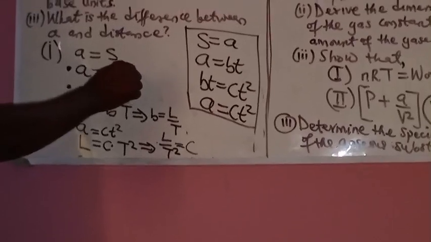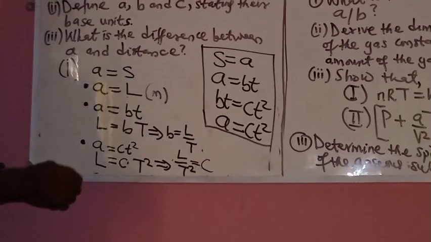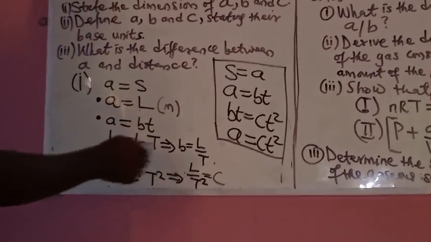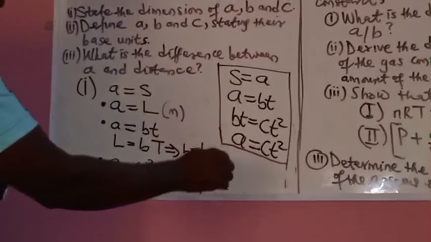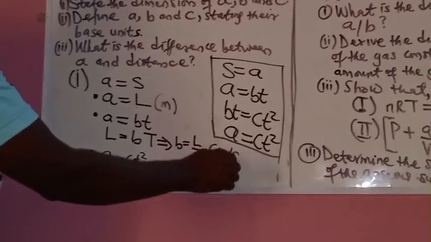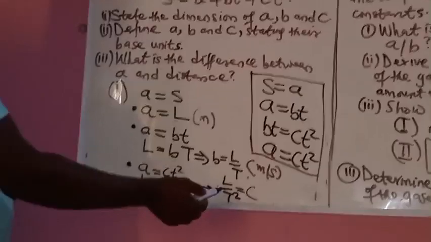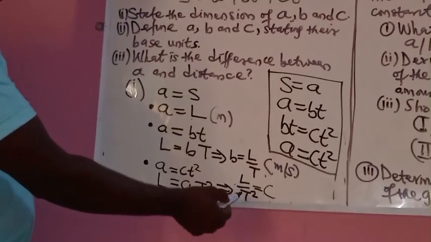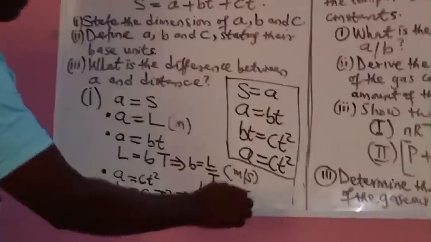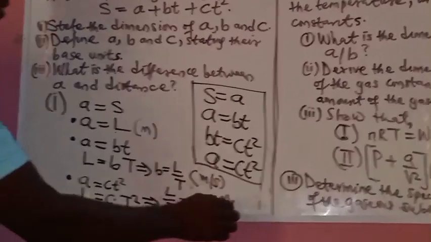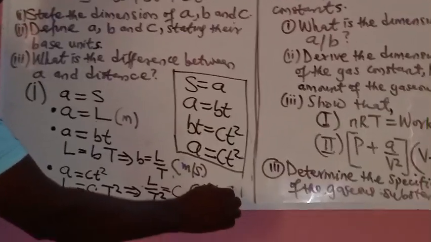The base unit for displacement is still meter. Don't forget that. The base unit for velocity is meter per second. Then the base unit for this acceleration, length is meter, time is second, so meter per second squared.